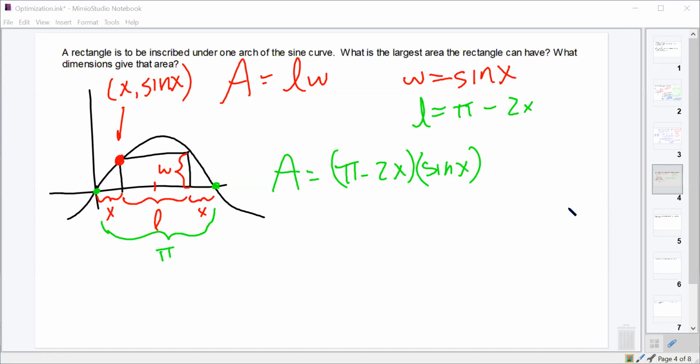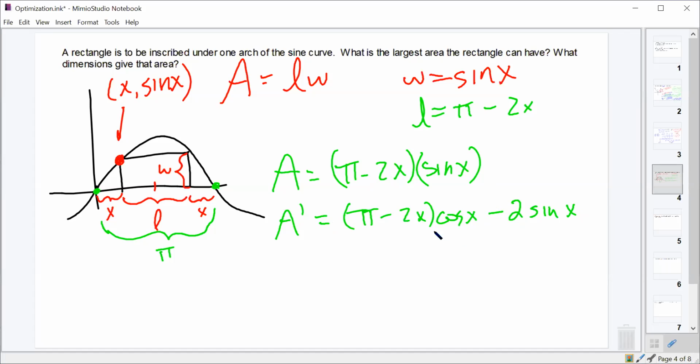So we need to find A prime. We need to take our derivative. That would be a product rule. So pi minus 2x times cosine x, plus, we'll make it minus because this is going to become a minus, right? When I take the derivative of pi minus 2x, we'll get minus 2 sine x, right?